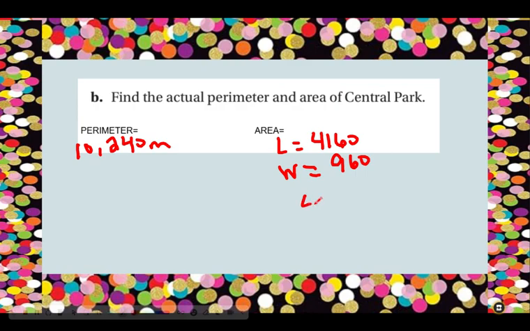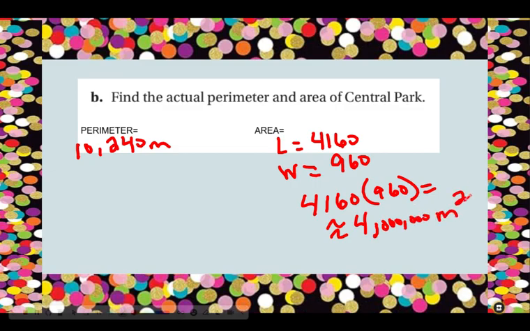To find the area, we multiply 4,160 times 960. I got 3.9 million, so I'm just going to say it's about 4 million square meters, or meters squared. That's our area measured in square units. Great job.